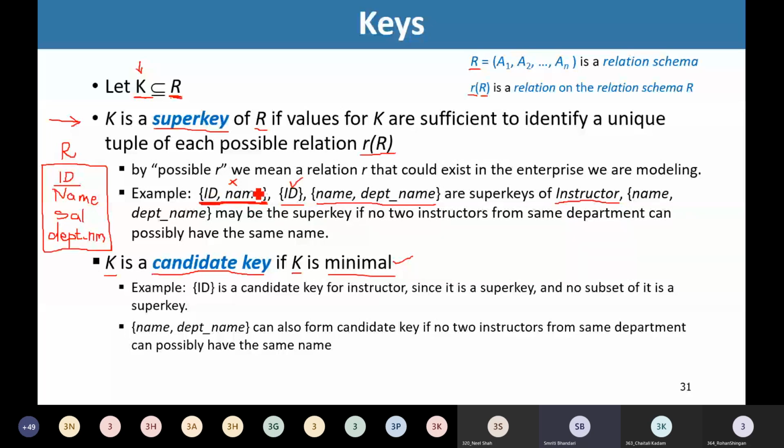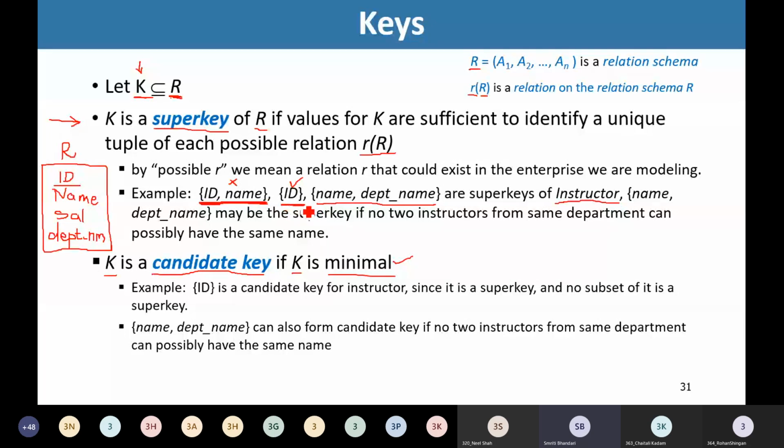So a subset of my key is also a super key. And that is why I may say that this ID name cannot be my candidate key, because only ID, which is the subset of this, is sufficient to distinguish two instructors, right? Because this subset ID is also my super key.